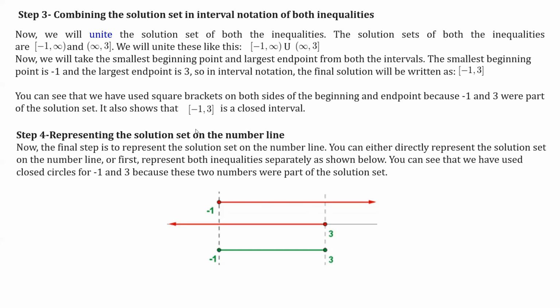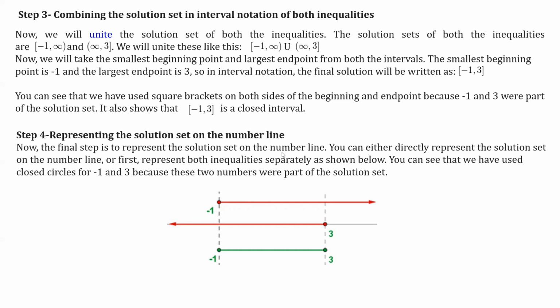We see that we have used square brackets on both sides, the starting and ending points, because -1 and 3 were part of the solution set. It also shows that in brackets from -1 to 3. Also, we call it a closed interval. Now the final step is to represent the solution set on the number line.